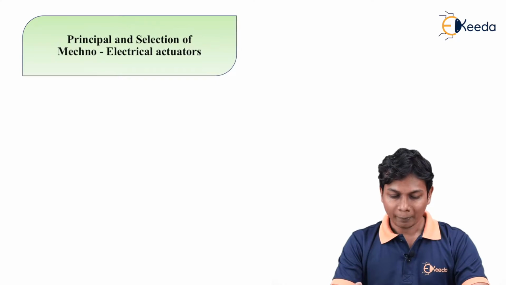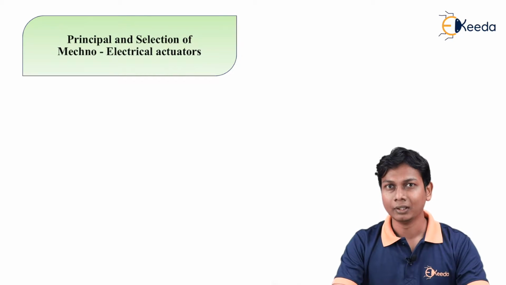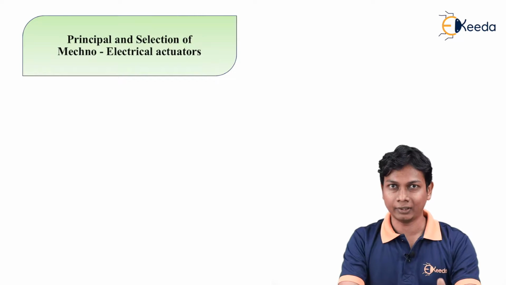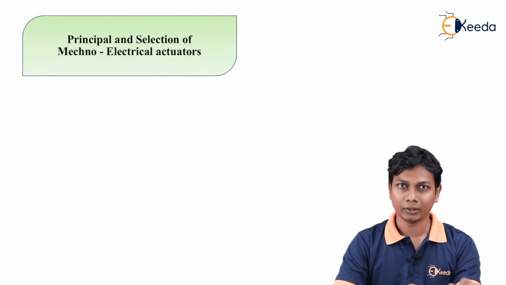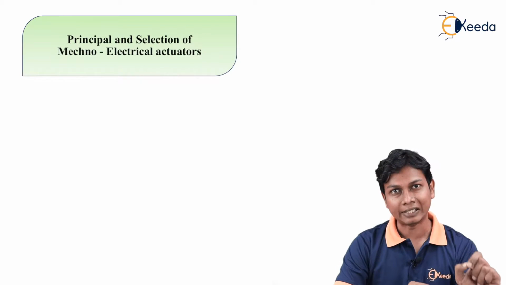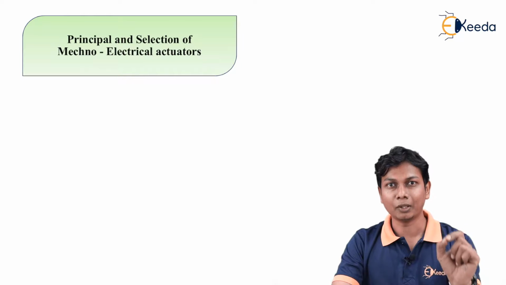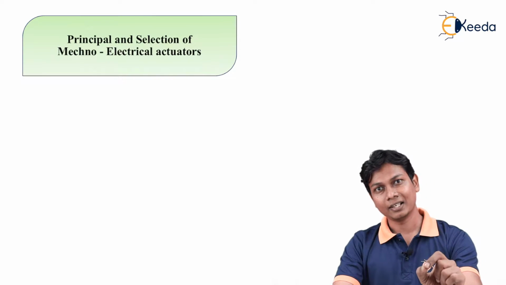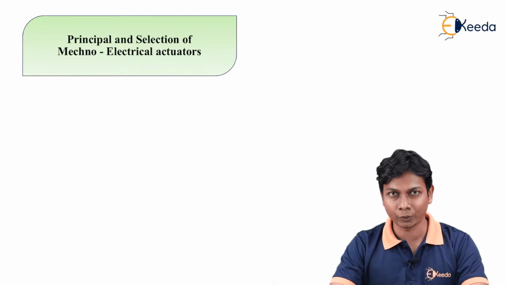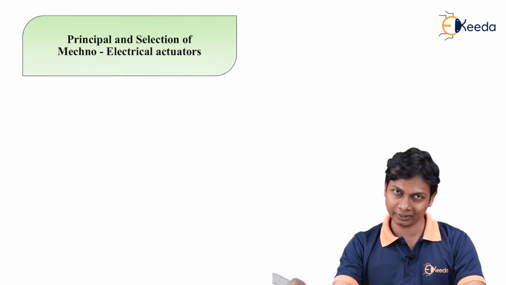So, principle and selection of Mechno electrical actuator is a simple thing: the actuator where the input can be mechanical signals or can be electrical signals. But when we consider the mechanical signal as an input energy, then the output of an actuator can be an electrical signal.